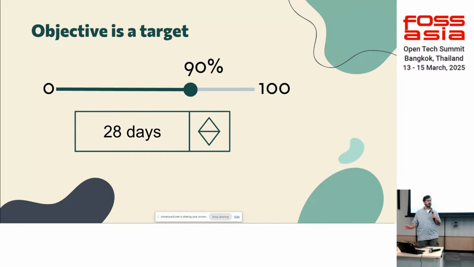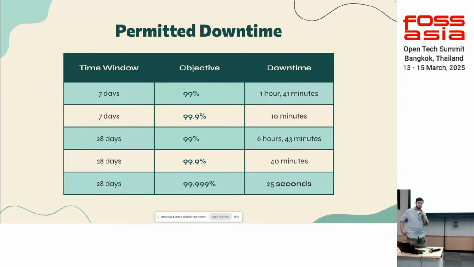A month, I like to use 28 days because it eliminates the these months have more days than this month kind of problem, and accounts for some weekly variation in requests that you might have. 7 days is another really common target, like we want to hit 99% in the last 7 days measurement. This is why we can't serve 100% of requests, by the way.